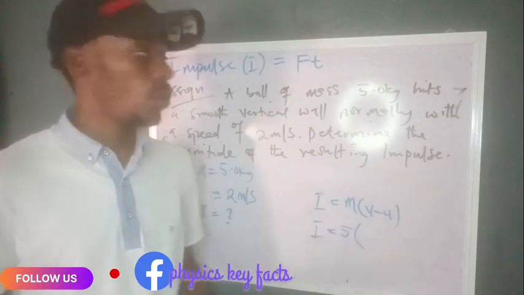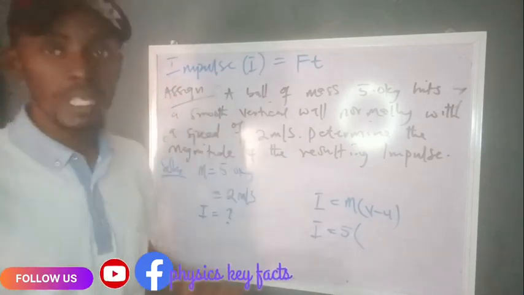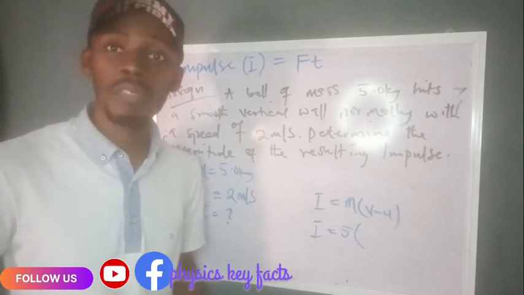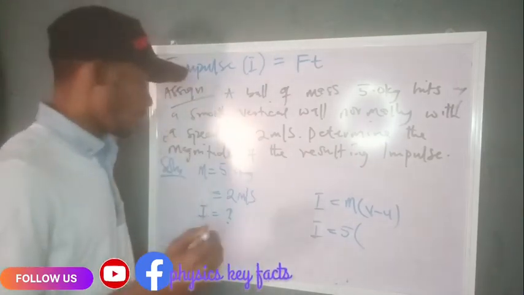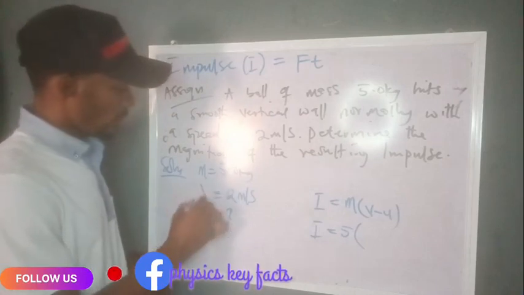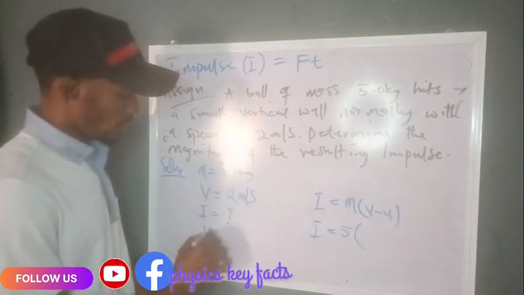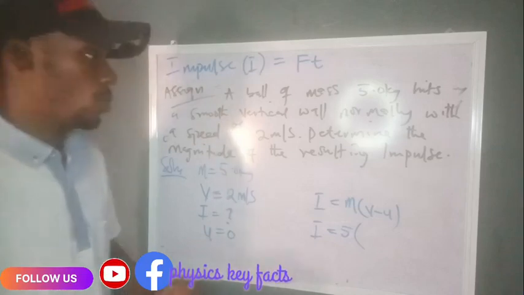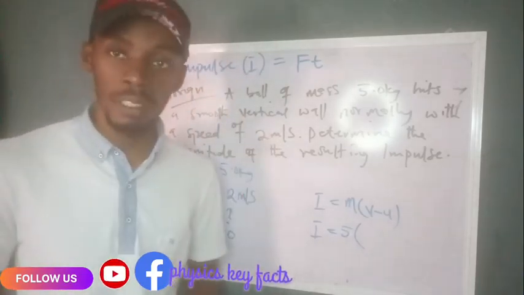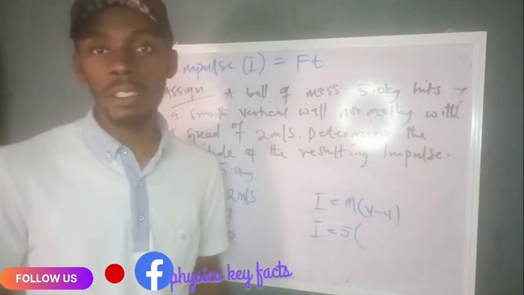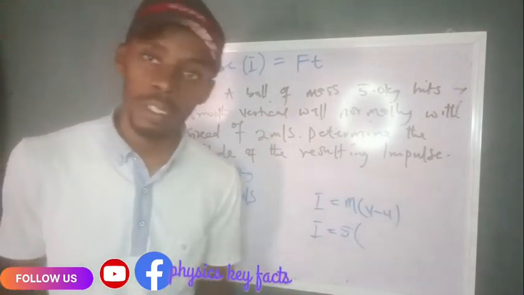If the ball starts from rest, the initial velocity will be equal to 0. So we are assuming that the velocity given to us is the final velocity and the initial velocity is 0, assuming the ball started from rest.